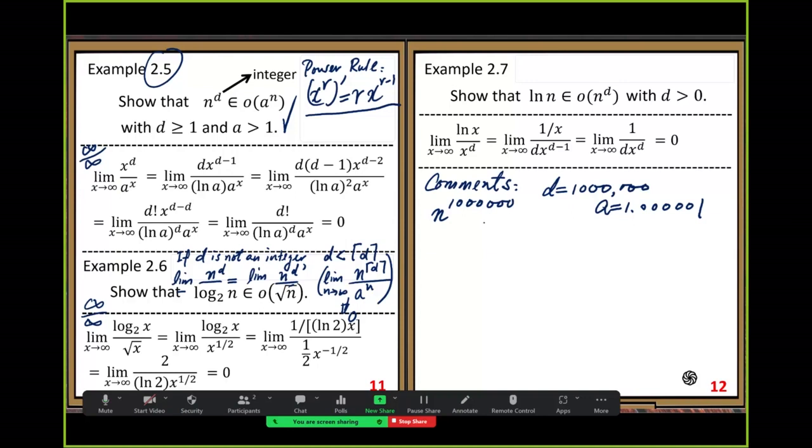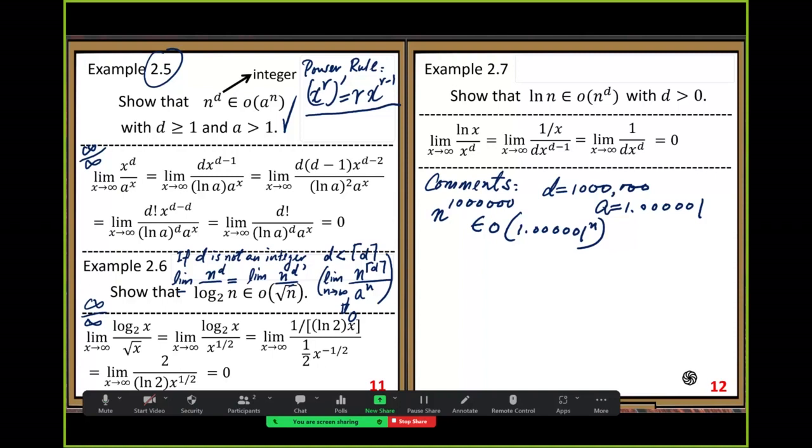But based on our result, and our result is correct, this function belongs to little o of 1.0000001 to the nth power. Can you see it?